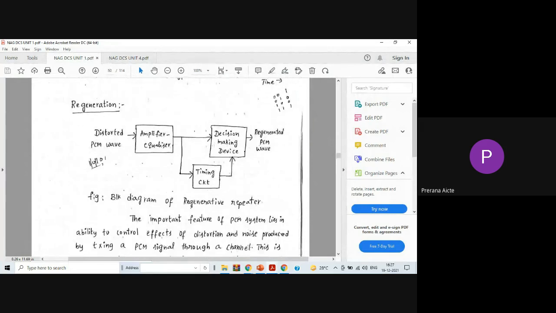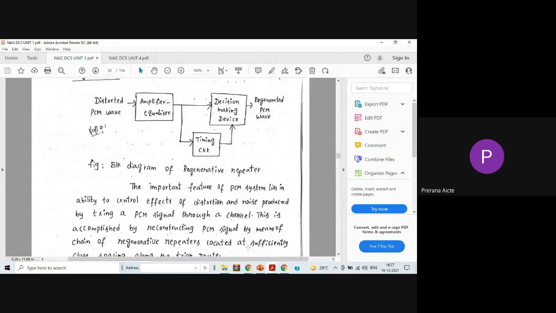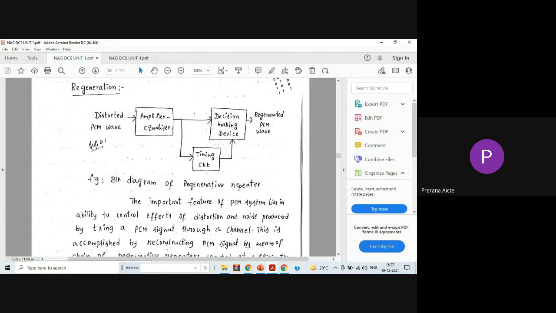Also, I said, right, what is the block diagram of the regenerator? We are giving the PCM signal along with noise to the regenerator. What is the block diagram of the regenerative repeater? It has an amplitude equalizer, timing circuit, and decision making device. Whenever the distorted PCM is given to the equalizer, it amplifies the amplitude of the signal.